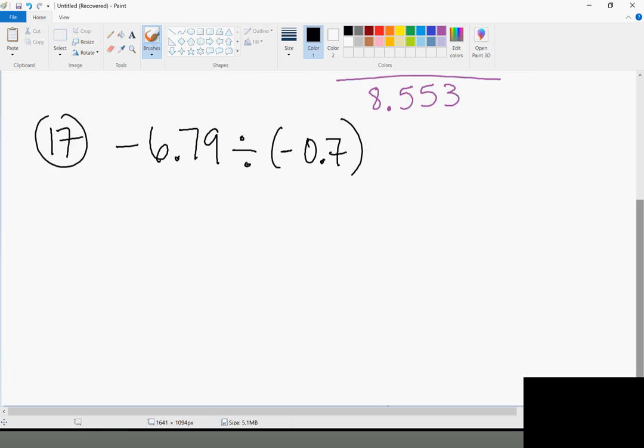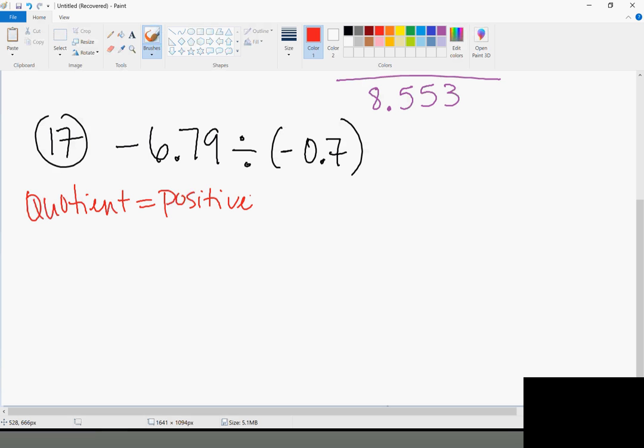Okay, so first determine if it's going to be negative or positive. So we're dividing numbers, they have the same sign, so the answer is going to be positive. So the quotient, which is the answer to a division problem, is going to be positive.